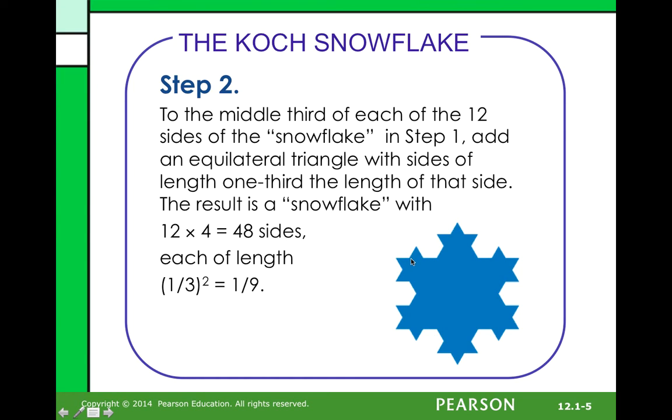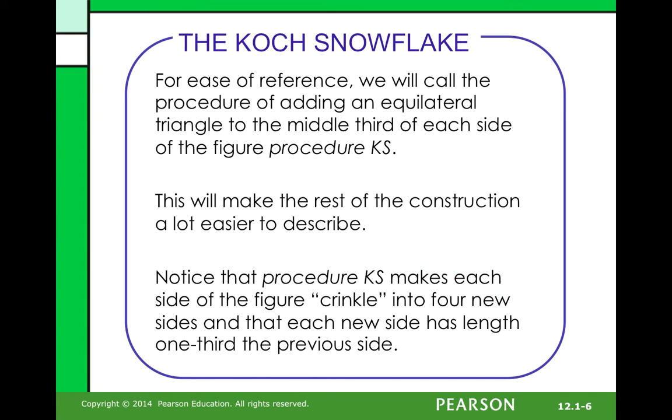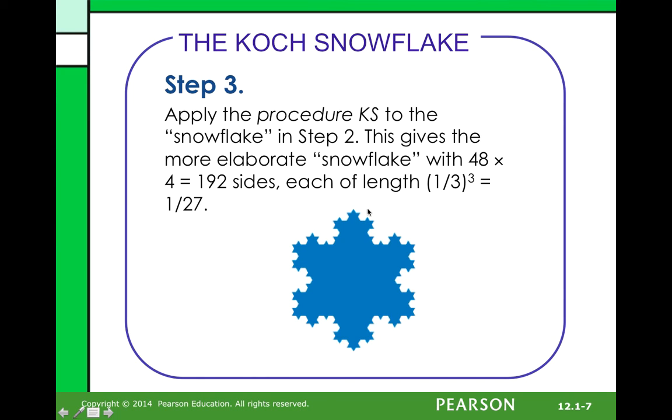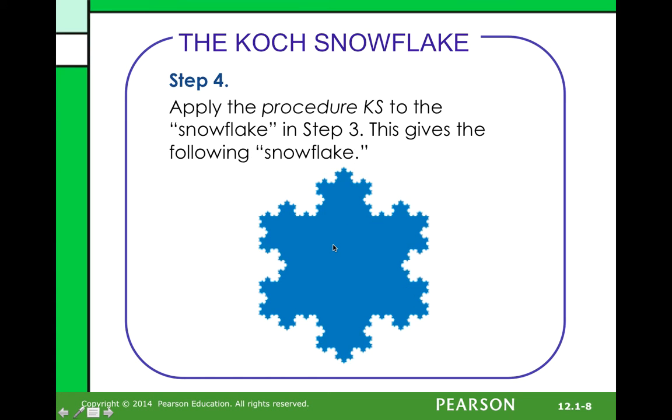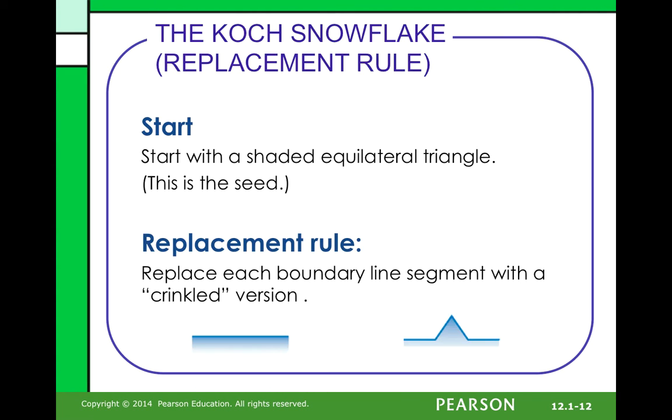All we did was replace each of those edges with a little crinkled edge, and that gave us this figure. So this straight edge right here has been replaced by a crinkled edge. And that's all you need to specify to get the snowflake. Just, at each step, replace this straight edge with this crinkled edge.